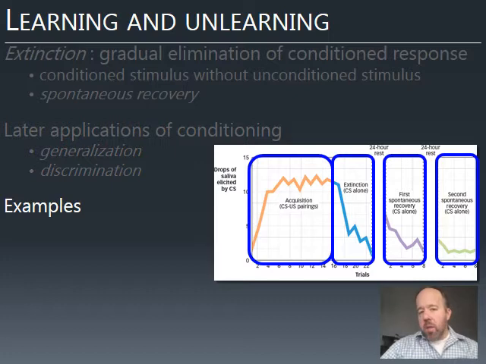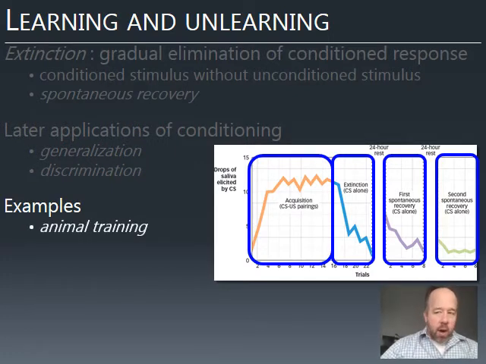And there are a lot of examples of conditioning that we can think of. Certainly animal training is one that pops to mind. So a trainer might try to get a certain behavior from a dog. And of course, the trainer wants to reward the dog for good behaviors to get the behavior in the first place. But perhaps the trainer doesn't want to have to use a treat every time.